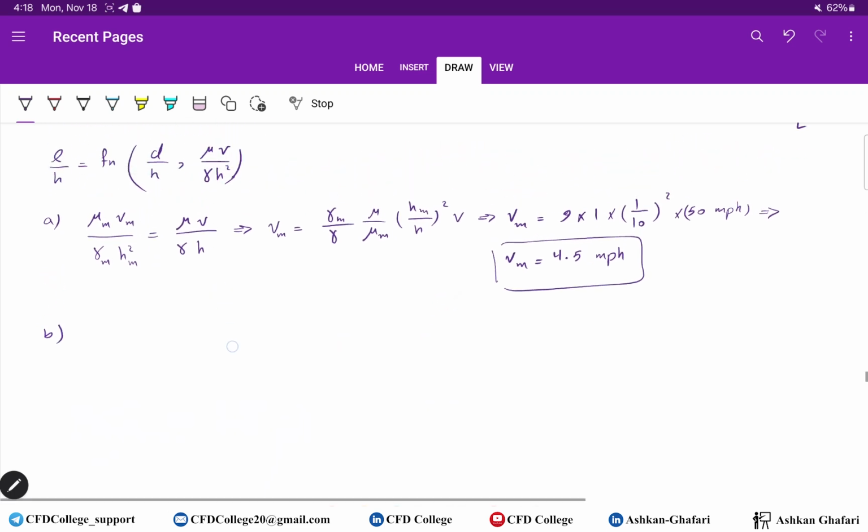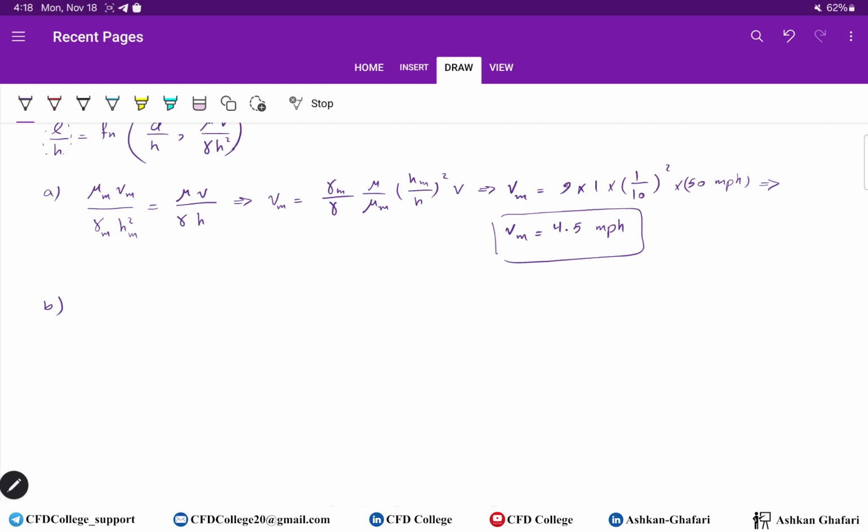For part B, we should use this one because we want to study L and we know the scaling, I mean H. So Lm over Hm equals L over H. So L equals H over Hm times Lm, which is 10 times 0.8 feet. So L equals 8 feet.